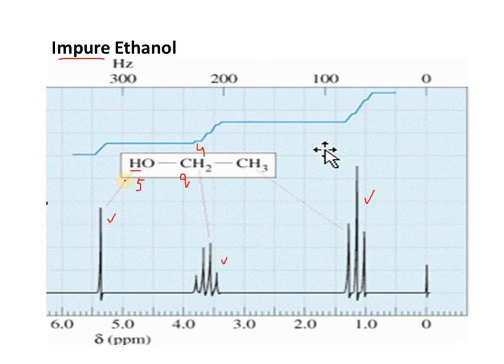So this OH signal is a singlet in an impure sample due to the rapid exchange of this proton. This is very important. In a pure sample there is one type of signals, but in an impure sample there is a different type of signals. So both are important.